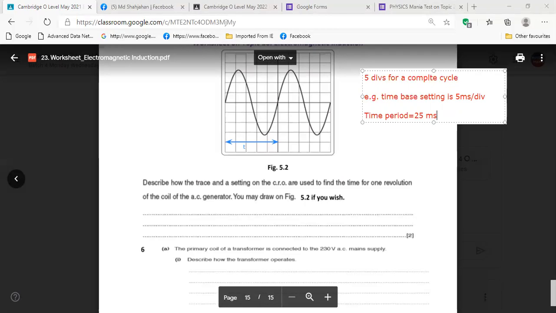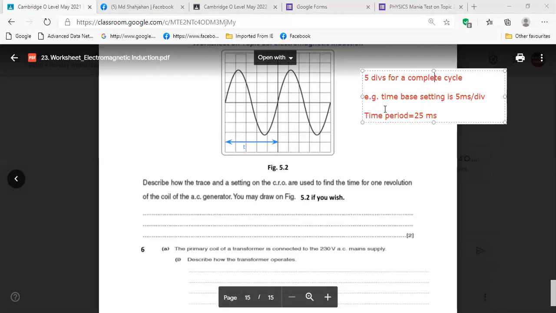First we find the number of divisions for a complete cycle, then we get the time period by multiplying the time base by the number of divisions. Now it's clear to you, right? Yes, sir. Just let me write this as well.